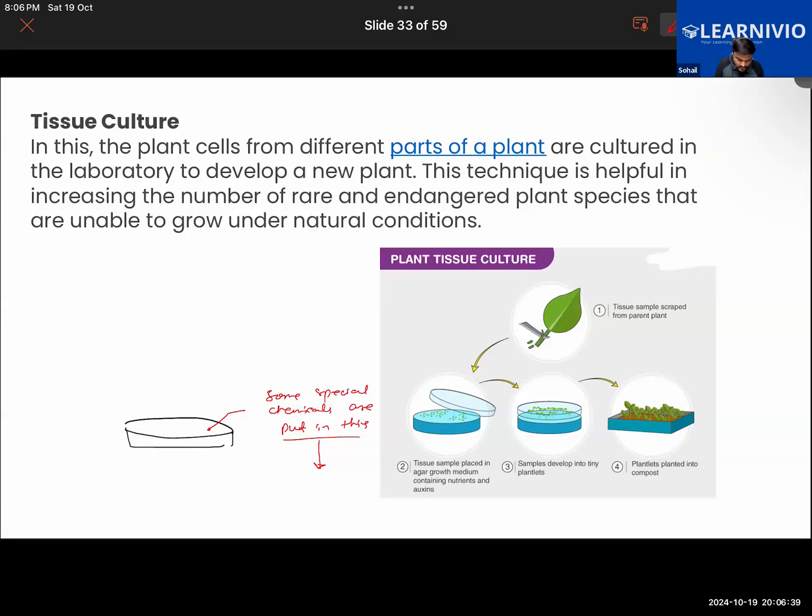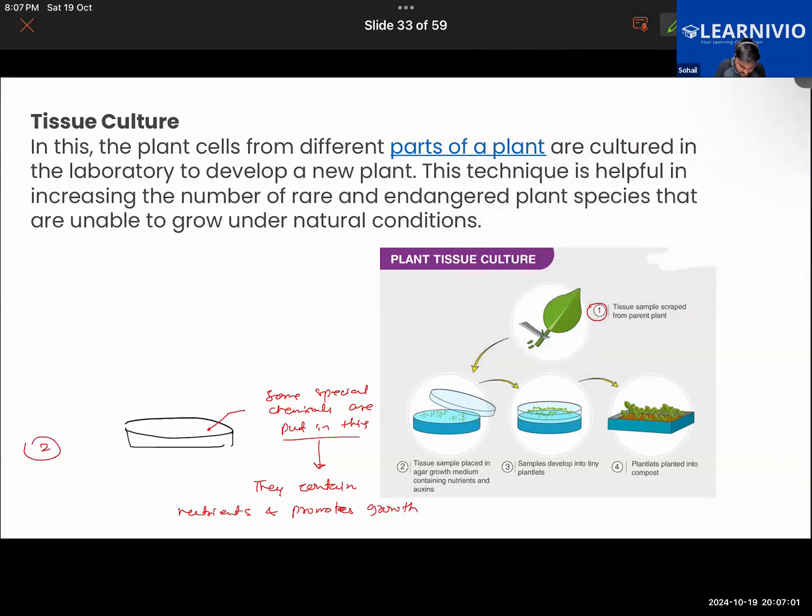They also contain nutrients and promote growth. So the first step is this, and this is the second step which we are discussing in detail.